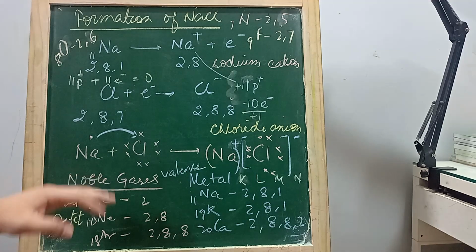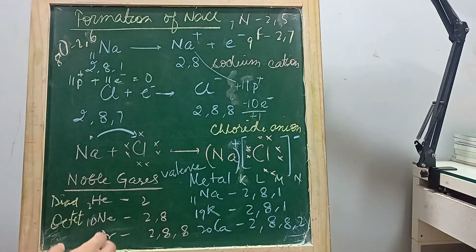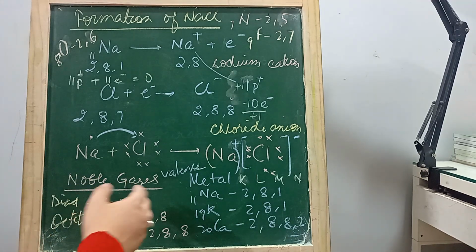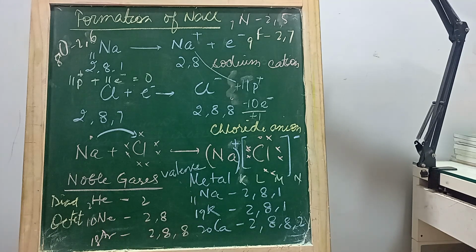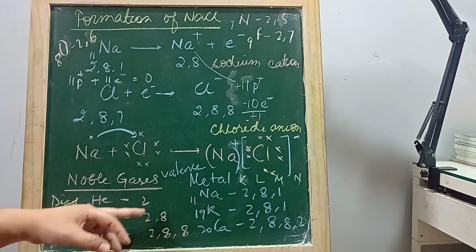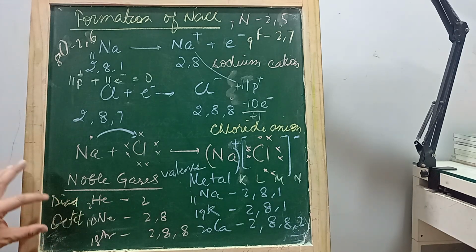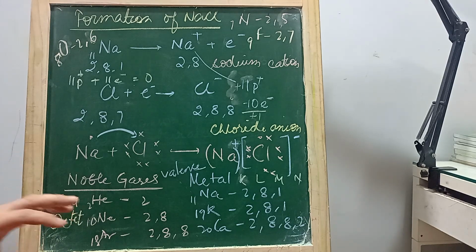So what we have observed is that if an atom has a full quota of electrons in its valence shell, either 2 or 8, then it becomes stable. The configuration where there are 8 electrons in the outermost shell is known as octet, and the configuration of a helium-like atom is known as duet. So octet and duet electronic configurations are stable.